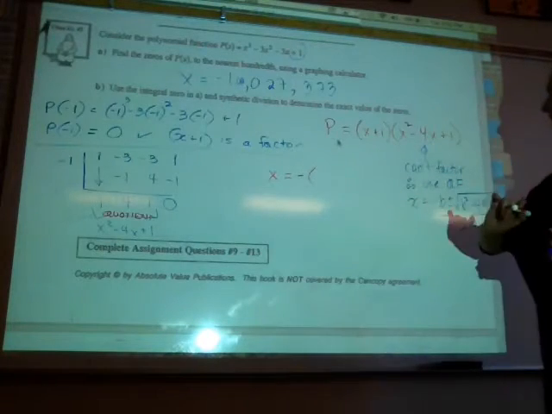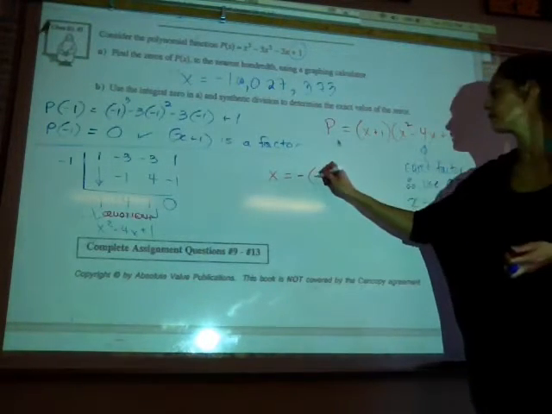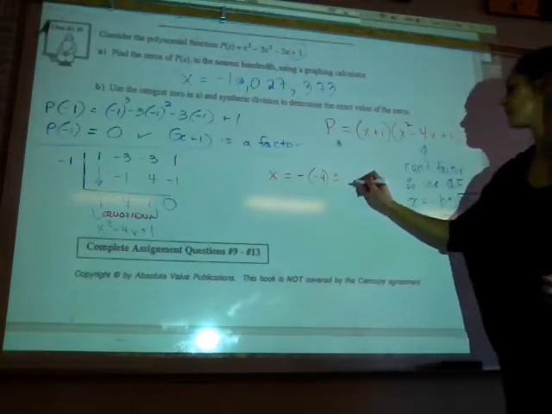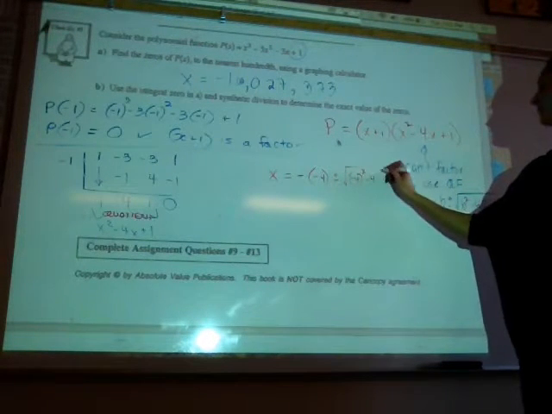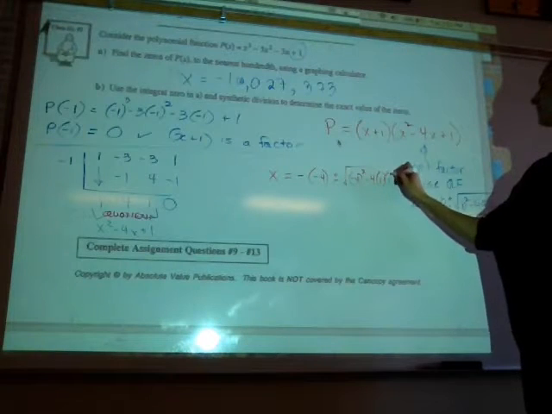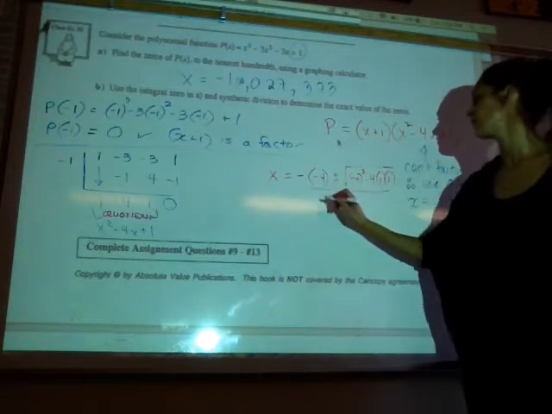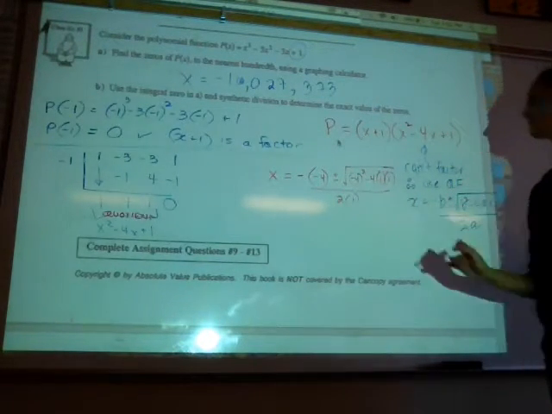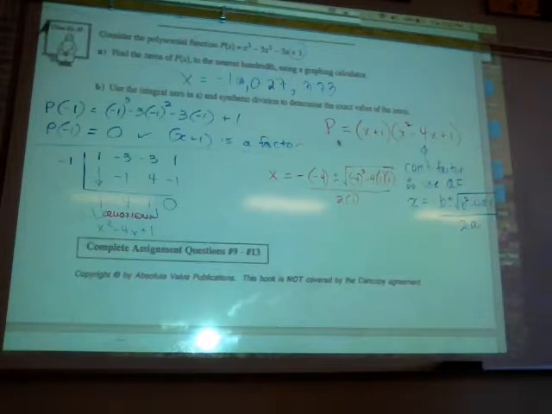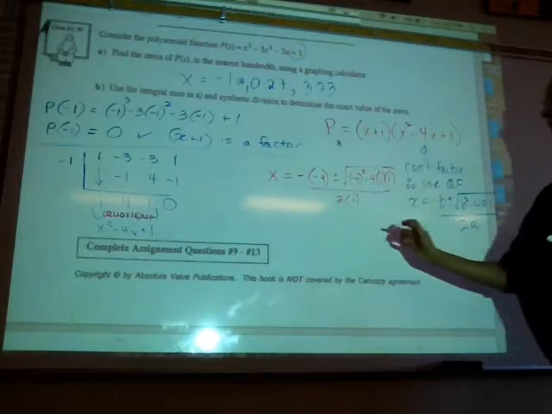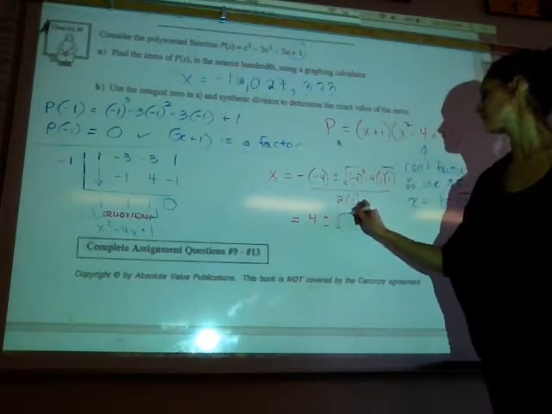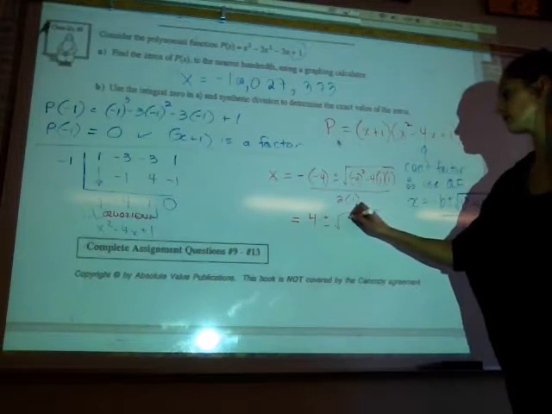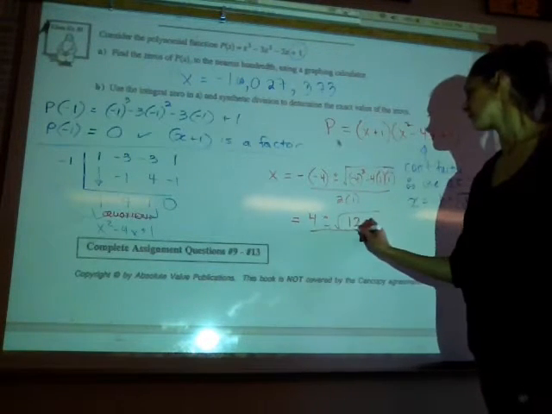So negative b is negative 4 plus or minus the square root of negative 4 squared minus 4 times our a times our c, all divided by 2 times a. Just cleaning things up, we get 4 plus or minus the square root of 16 minus 4 is 12 over 2.